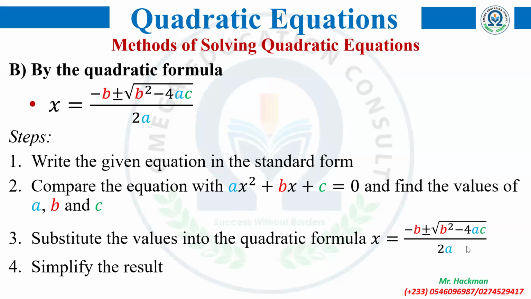So this is the formula. Then after substitution, you simplify your results. So basically, we have 4 steps to subject every question through. Sometimes the first step will not be necessary because the equation will come in the standard form.